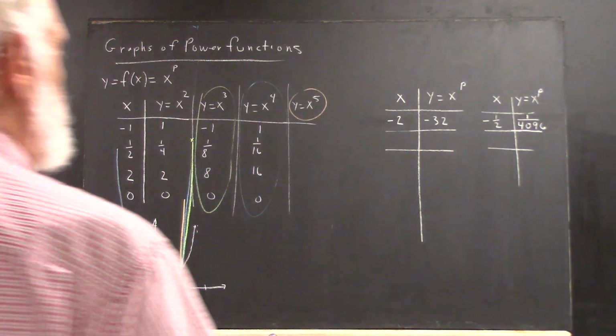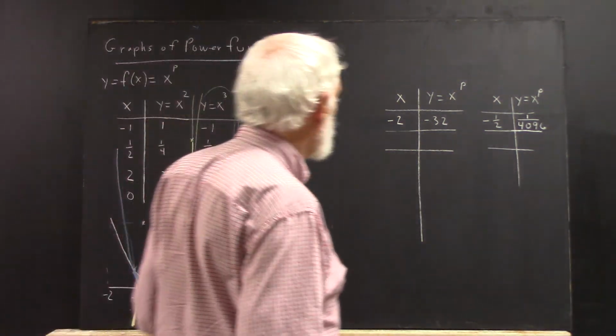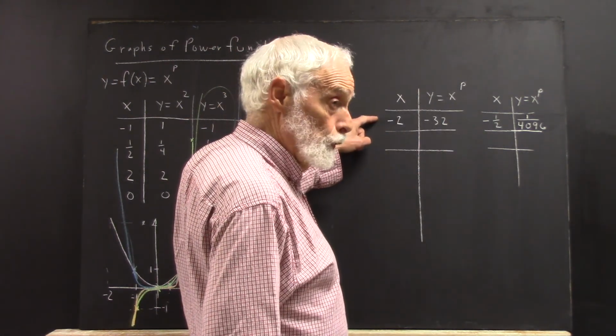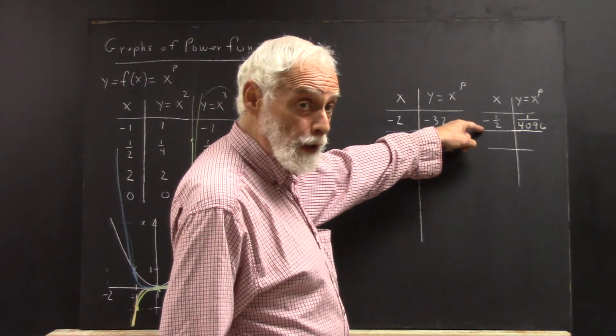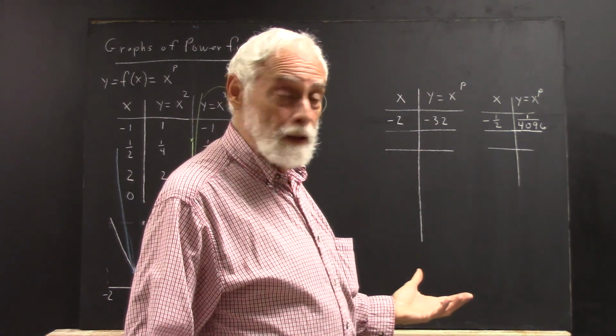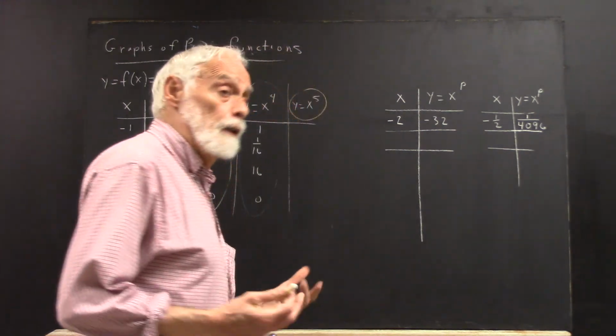Now actually, if we know just the value of the power function y equals x to the p at -2 or at -1/2, we can figure out all the rest of the values. Now actually there's no figuring on many of the values.